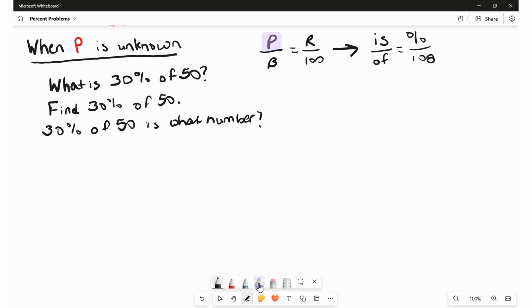So if you notice, we have the is. Well, we have the 30% that's really close to that, but that's the percent rate. So that ends up being the what? The unknown. Okay. So you see that the unknown is really close to the is.